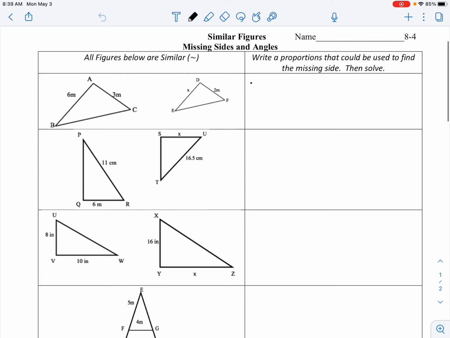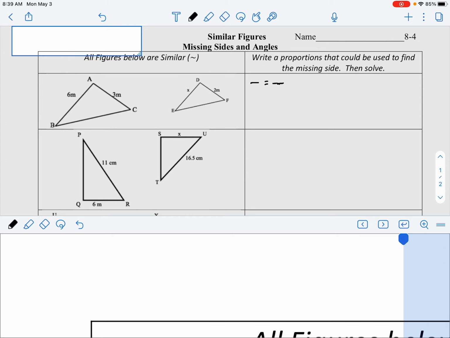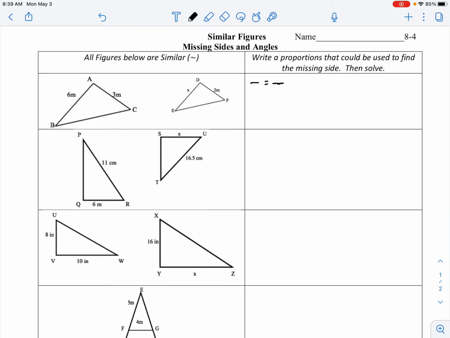What we want to do here is set up a proportion, two equal ratios, and then we're going to pull from our triangles to form these proportions.